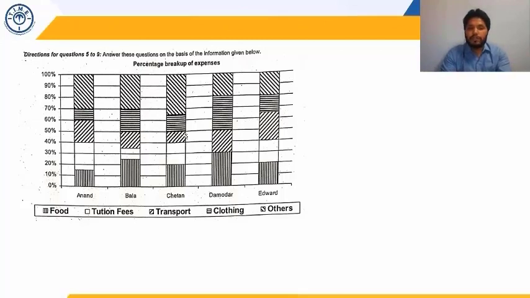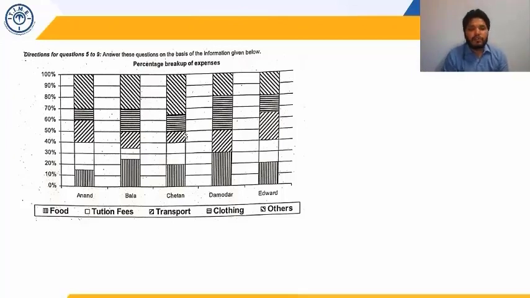The data is a cumulative bar graph, where Anand's food is 15%, and from 15% to 40% it is tuition fees, from 40% to 60% it is transport, from 60% to 70% it is clothing, and 70% to 100% is others.